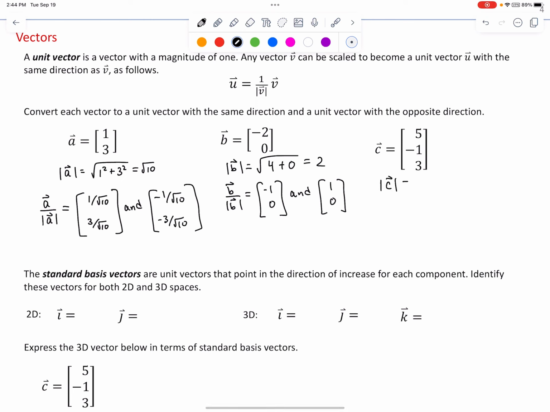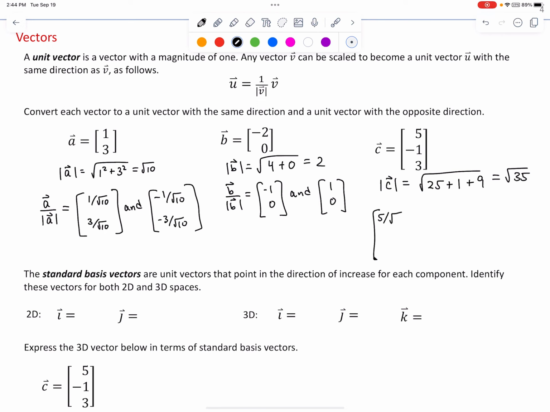The magnitude of the vector c is found by doing the square root of the sum of the squares of the components. So 5 squared is 25, plus negative 1 squared is 1, plus 3 squared is 9. So this gives us radical 35. Divide every entry by radical 35, and we get a unit vector that points in the same direction as c.